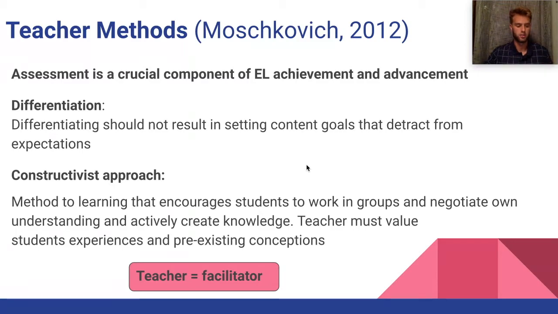Differentiating for English learners needs to build on student strength and interest, and the feedback from these assessments needs to be showing what the learners can do and scaffolding towards further growth.